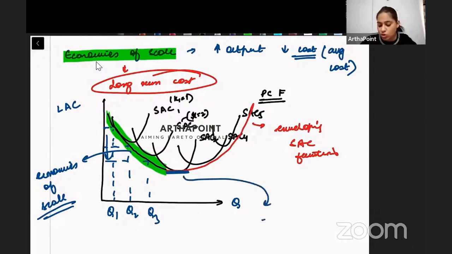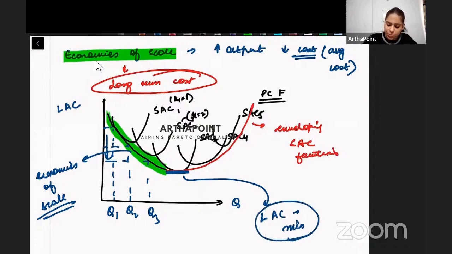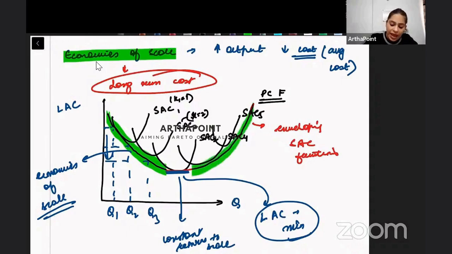This is where I will actually operate for profit maximization. This is what we want to minimize. Here we have constant returns to scale. And if you notice, as my output increases from Q5 to Q6 to Q7 and so on, my cost is also increasing. So if my cost is increasing, I have diseconomies of scale.